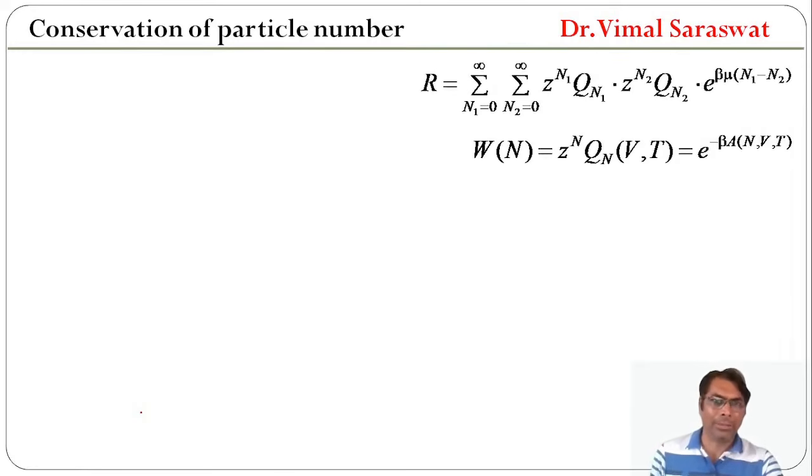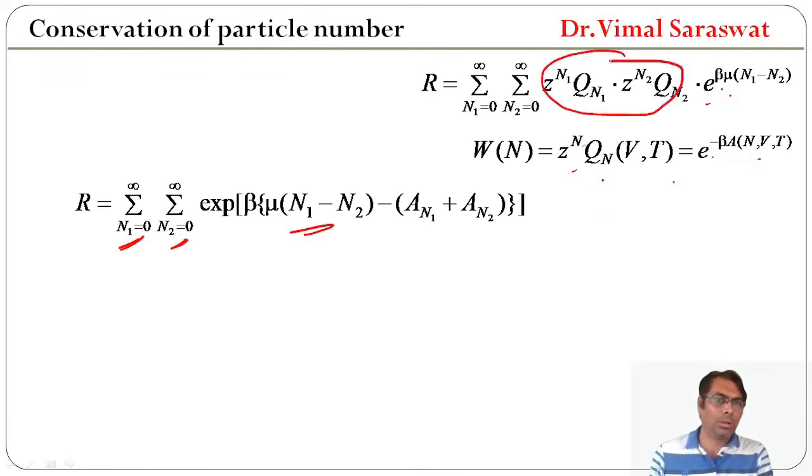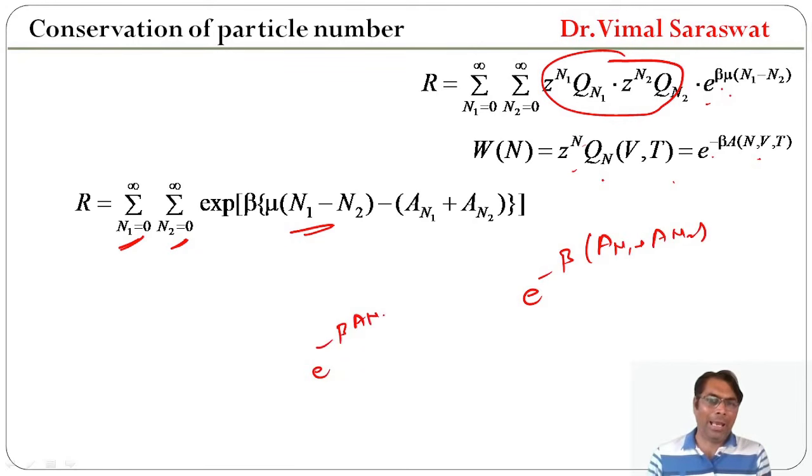Now R is this one and W is this one. So R equal to sigma n1 equal to 0 to infinity, sigma n2 equal to 0 to infinity, exponential beta mu (n1 minus n2), and z raised to n Qn is equal to exponential minus beta A. So this will be exponential minus beta (A n1 plus A n2), or exponential minus beta A n1 exponential minus beta A n2.